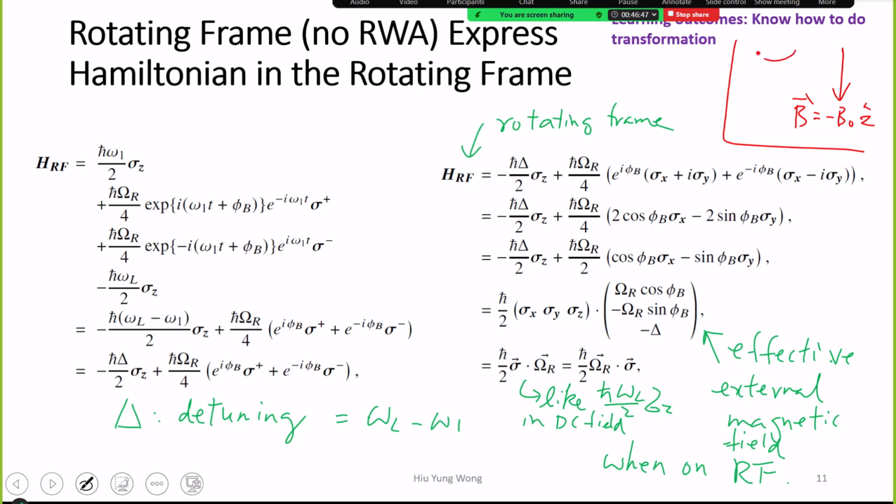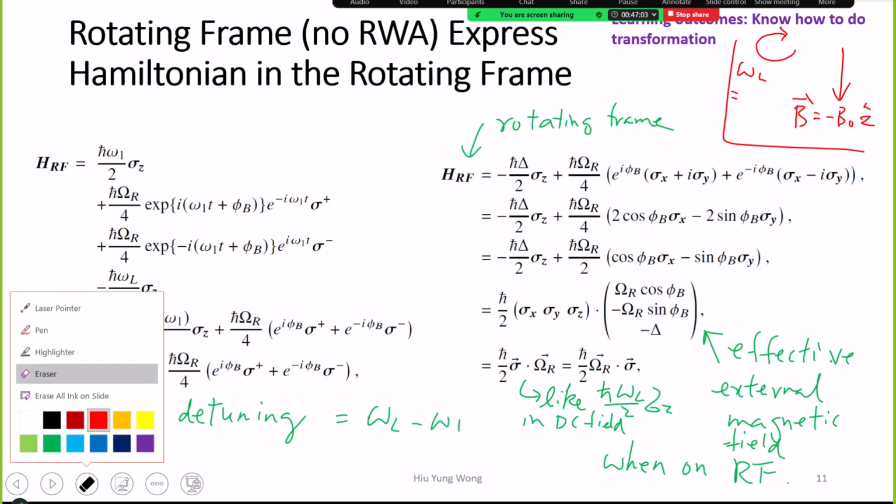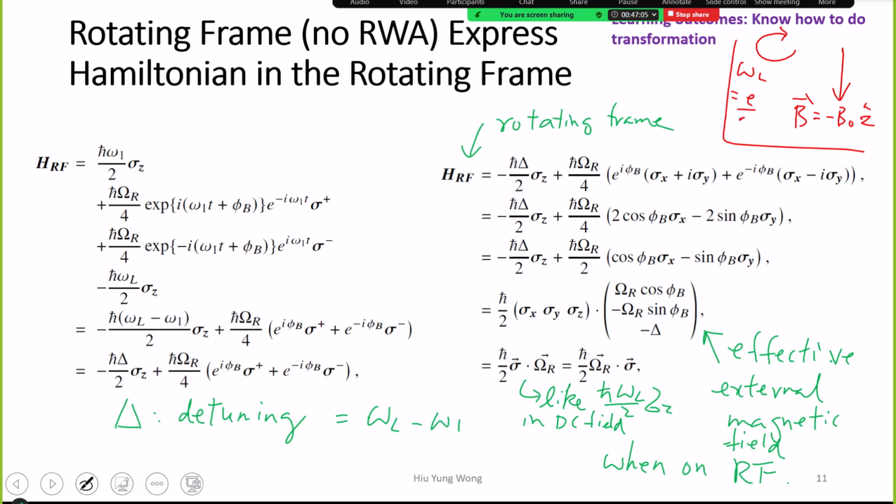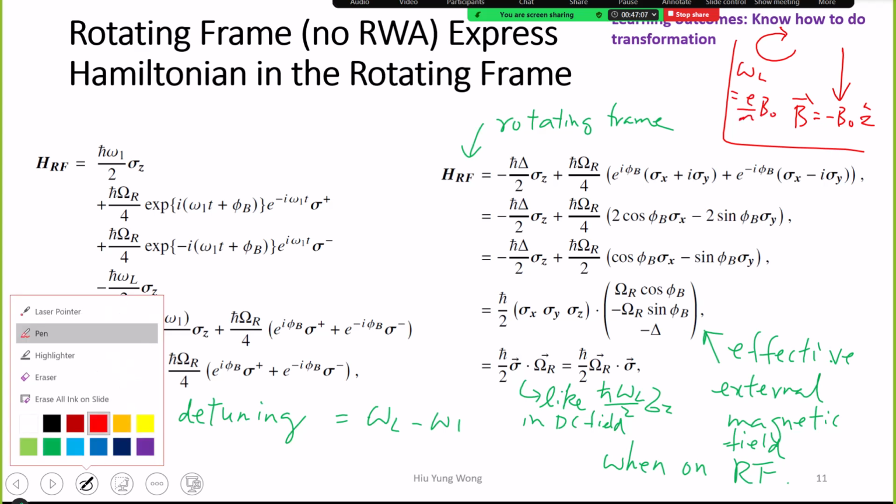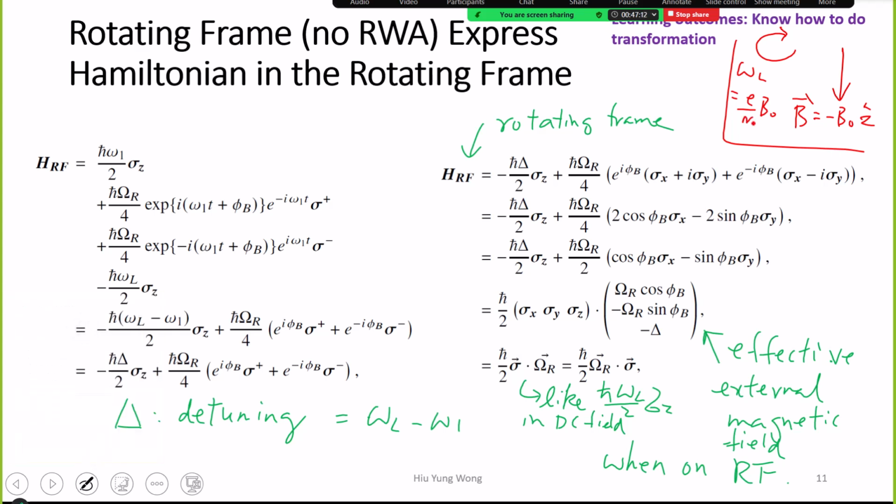Then your qubit is going to precess at omega L equals to e over m B0. Right? You should know this equation. Correct? Right? The forms are all the same.